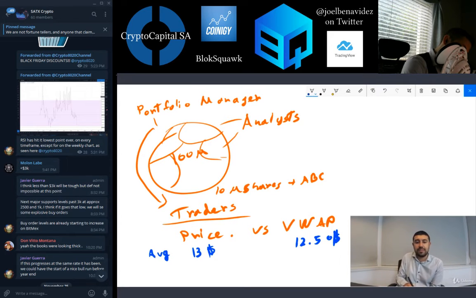If he bought 10 million shares on average at $13, while the volume weighted average price was $12.50, that means he didn't really get a good price. If on the other hand, your trader was able to buy 10 million shares at $12, and the volume weighted average price that the stock traded at was 12.50, that means that the trader was able to get a better price than the average person who bought the stock, right?